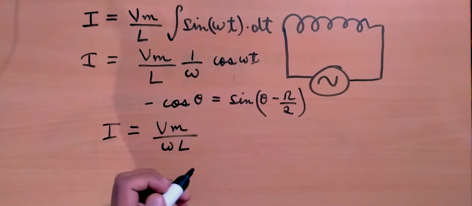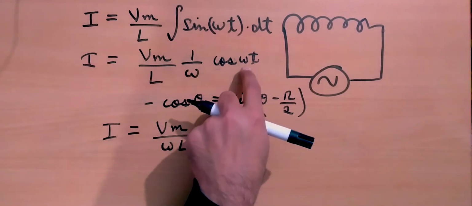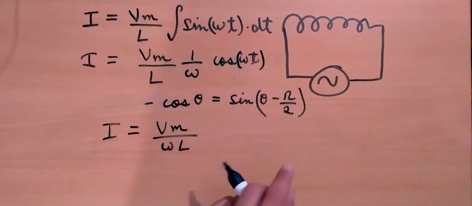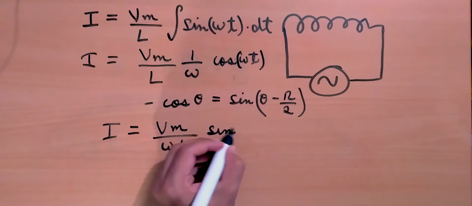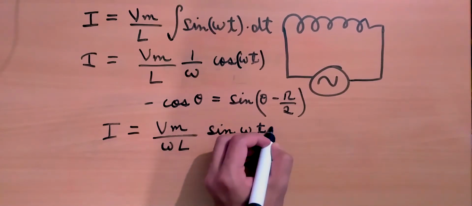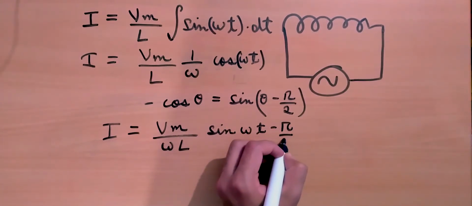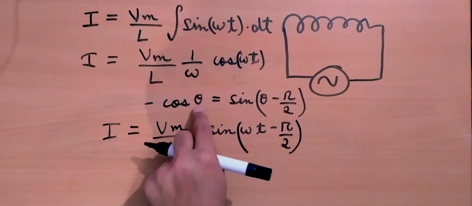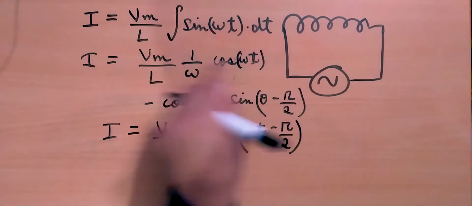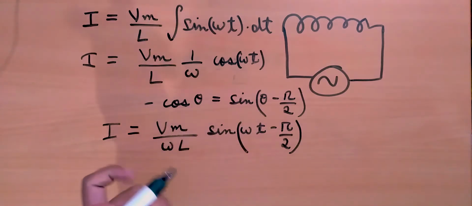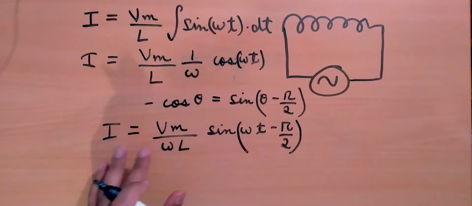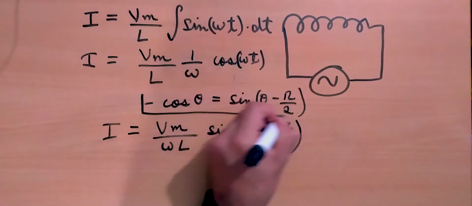These are the constants here, and instead of writing cos omega t, I can write this as sine omega t minus pi by 2, right? So I've just taken my omega t as theta, and I have used this identity. Now I'm not really sure about this negative sign here, really sorry, but yeah, this was the identity I used.